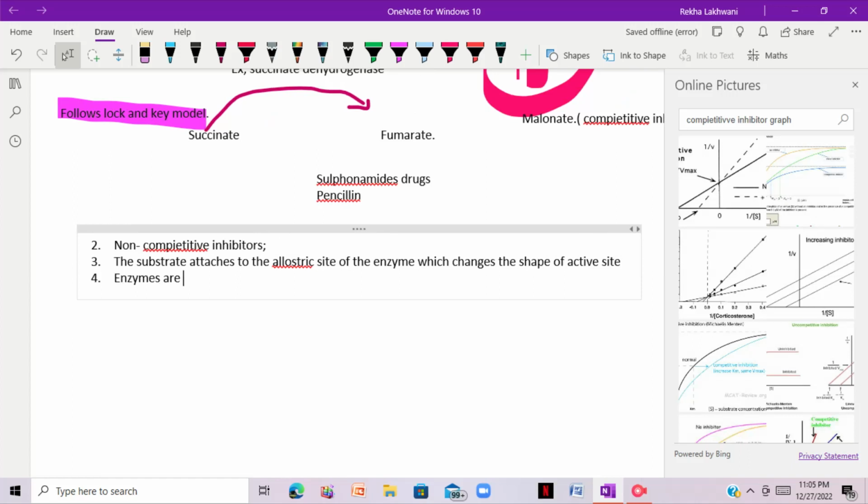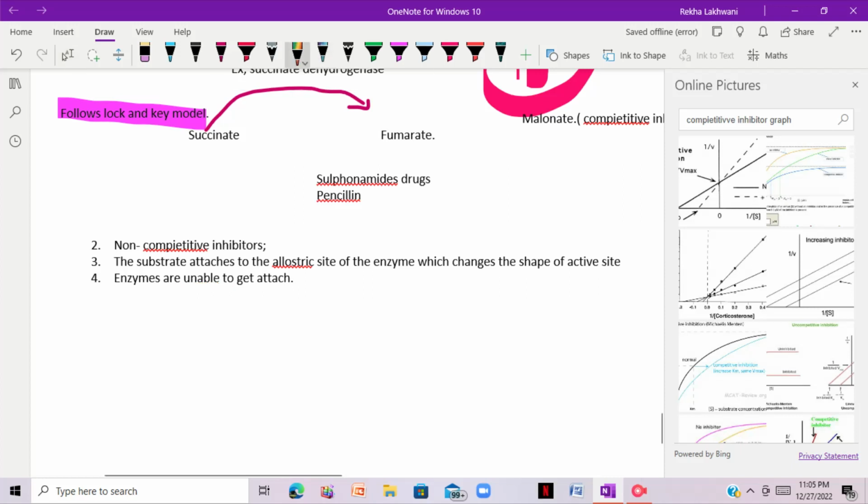Now what happens basically is, consider that this is the enzyme, and here a substrate is there. There is an inhibitor attaching to this side. Now this is not the active site. This side is known as the allosteric site.